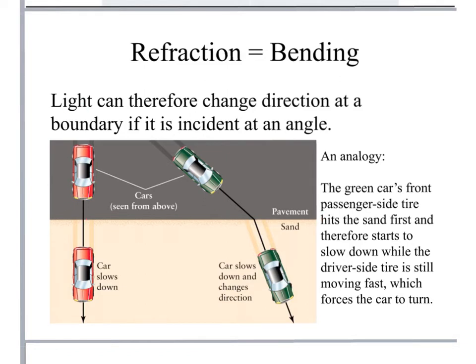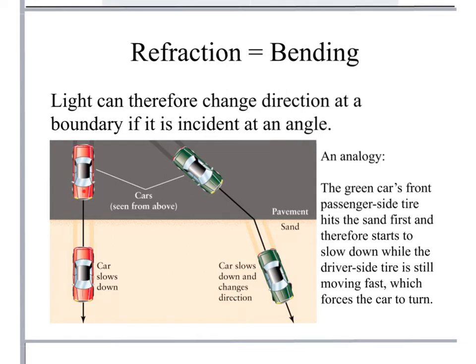So here's a little analogy. When light, this is our little car, goes from pavement to sand. Now, pavement is really easy for cars to drive on. That's why all of our roads are paved. So a car can travel quickly on pavement and slower on sand.